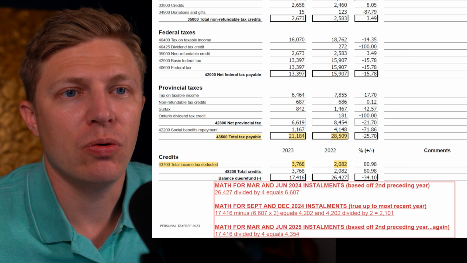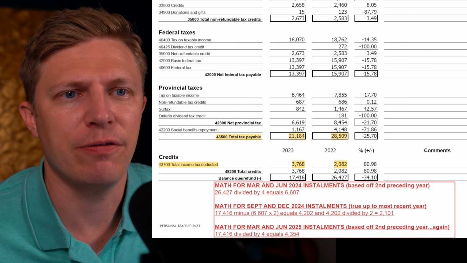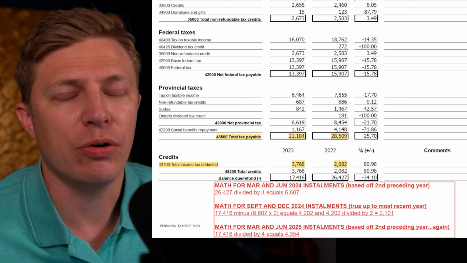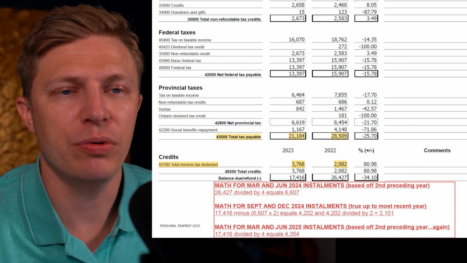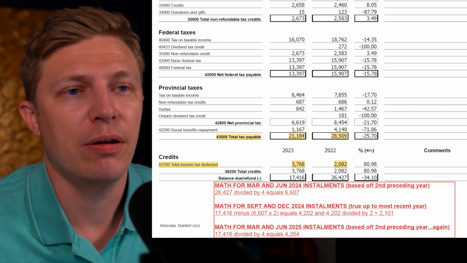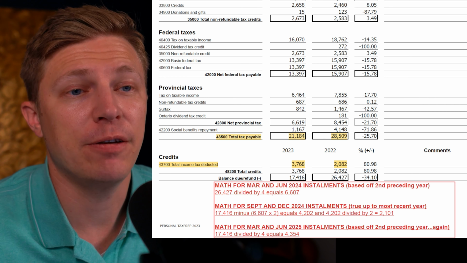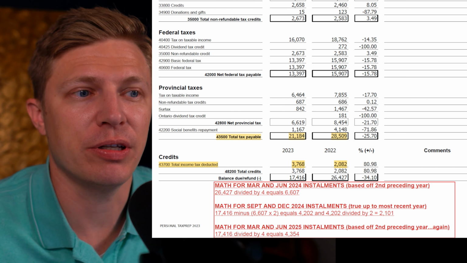And so the September and December amounts are really kind of going to true you up to that figure. So they're going to take into account the tax installments that you already remitted in March and June, and give you credit for that. But you're squaring up to 17,416 here.